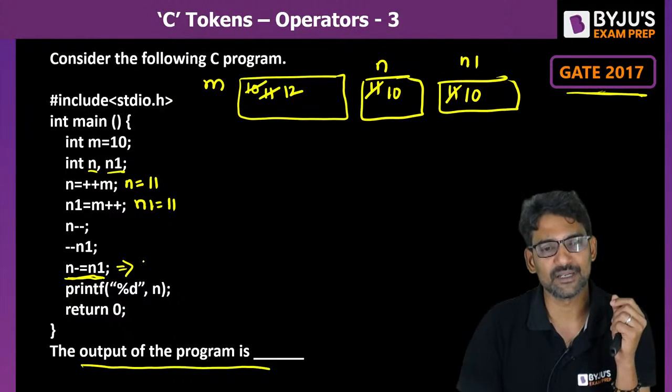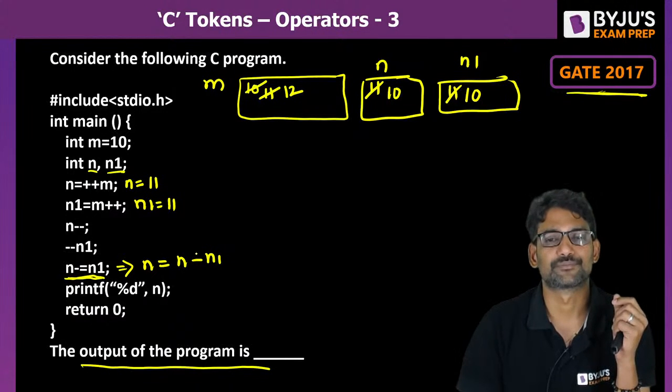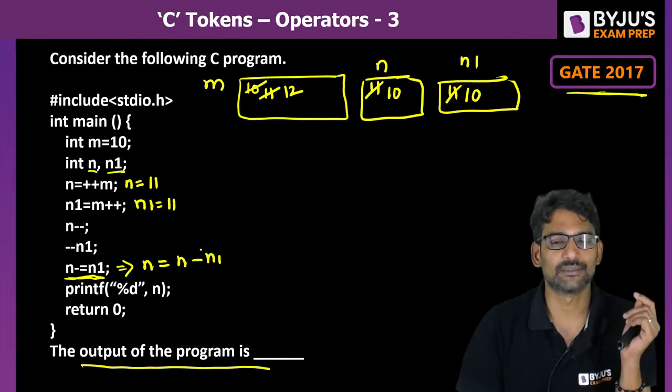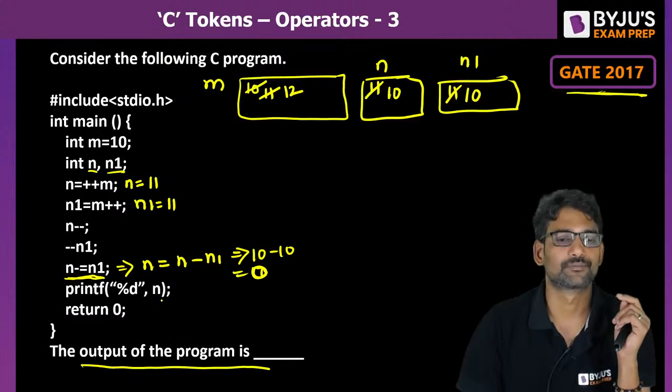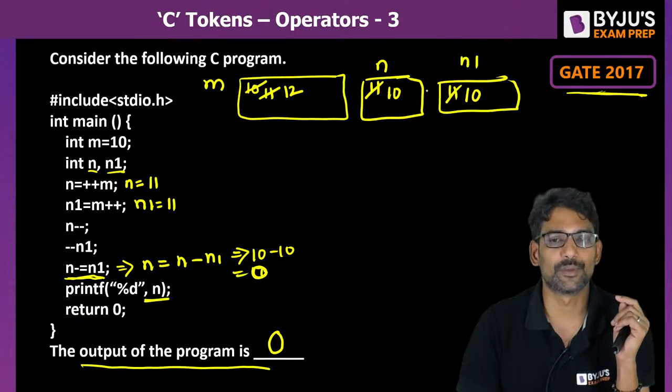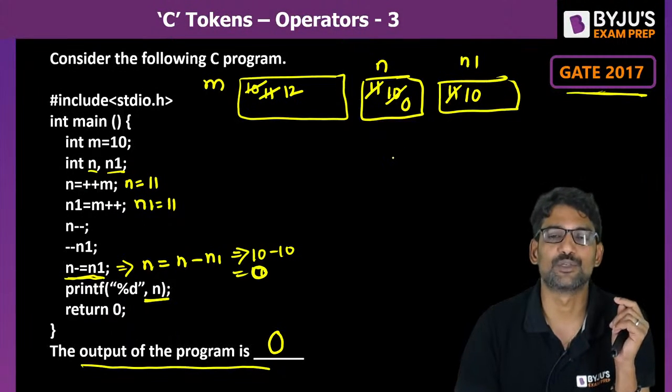What does this mean? n equal to n minus n1. What is n, n1? Both are 10 only. So this is 10 minus 10, which is nothing but 0. Print n. So what would be printed? 0 gets printed.